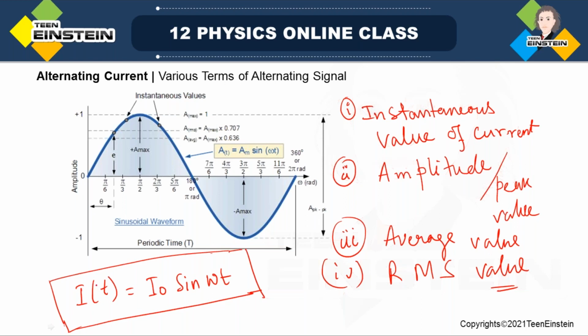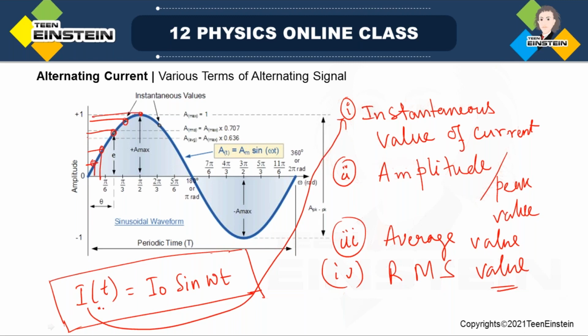So this term I of t, as a function of t, is actually called instantaneous value. That means this value is telling you what is the value of current at each instant. If I just say this value, this value, this value, these are having different values of current, and at this point there is the maximum value.